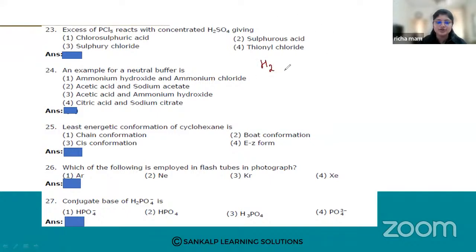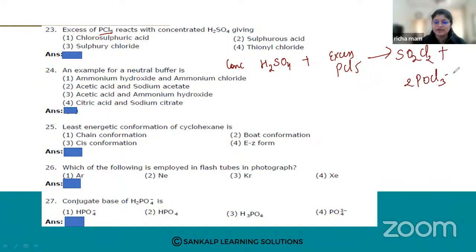Okay, so H2SO4, that is your concentrated H2SO4, when it reacts with excess of PCl5, that is phosphorus pentachloride, what we will get? We will get SO2Cl2 plus 2POCl3 plus 2HCl. Okay, so what we are going to get? We are going to get sulfuryl chloride.